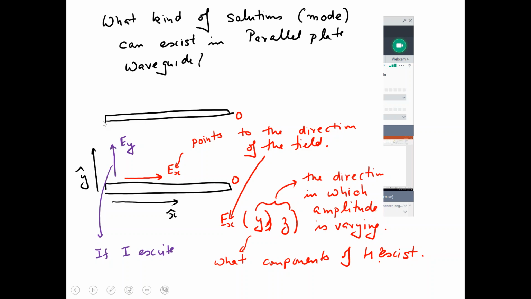This component is hitting normally to the two boundaries, so it does not need to go to 0. But it may or may not have variation in y. So this component can exist in y without any variation in y because it doesn't need to go to 0, or it may vary in y. I do not know that yet. If I excite this, it can exist at the boundary.